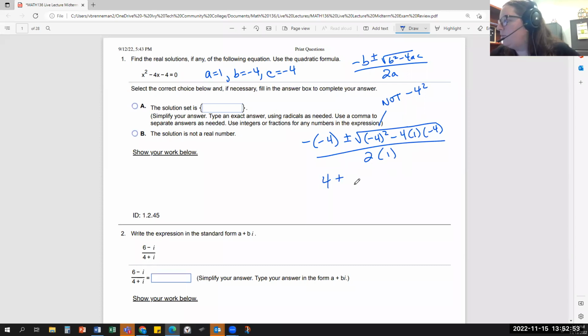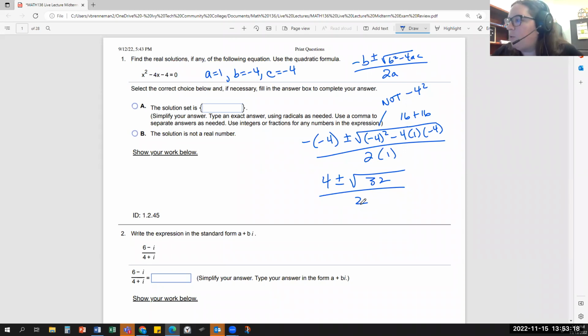So 4 plus or minus, and then what's inside? That's going to be 16 plus 16. So 32 over 2. And then because it's not a perfect square in the square root, we can't simplify it down to just whole numbers or fractions, but we do still need to do some simplifying.